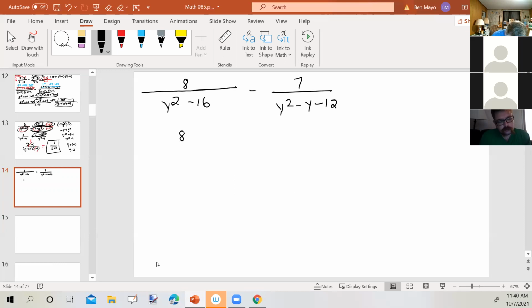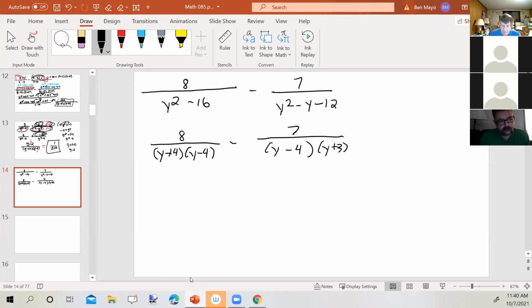So I get 8 over y plus 4, y minus 4, minus 7 over y minus 4, y plus 3. Good to go with that? So the LCD, I'm going to have a y plus 4 times a y minus 4 times a y plus 3.